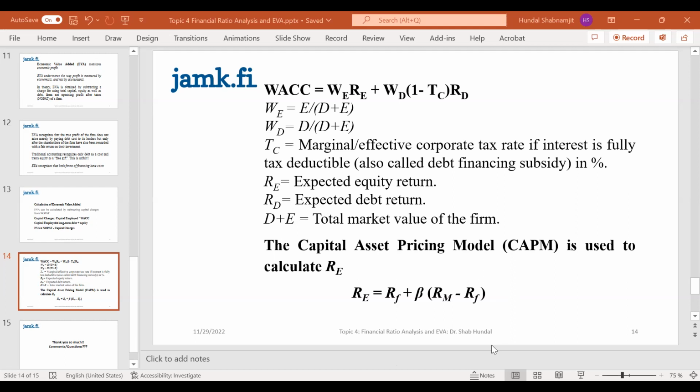And the expected debt return, where does it come from? Well, it comes in a very easy way. Once again, I have to show you. Now we know that the company's debt is 1991. The question is, where are the company's interest payments, the company's finance cost? So we need to go back to the income statement.